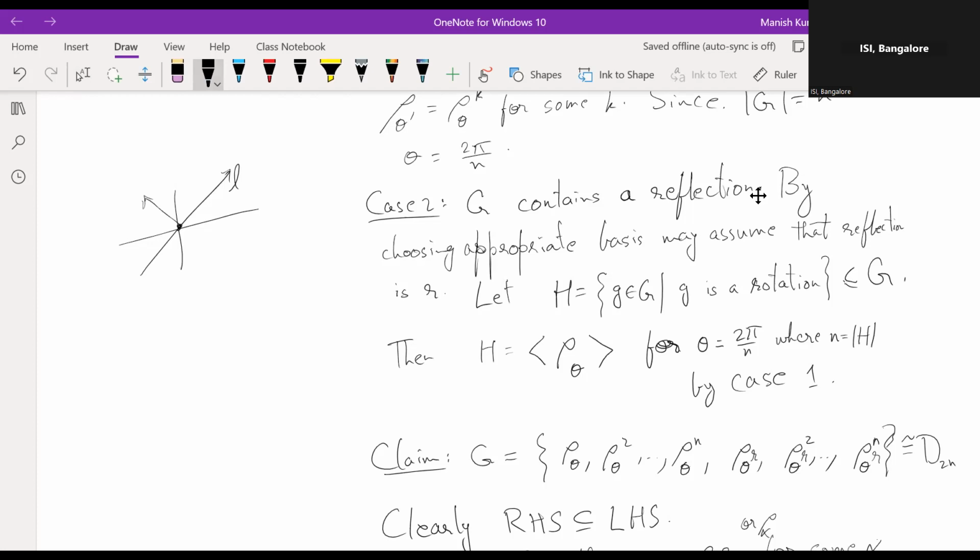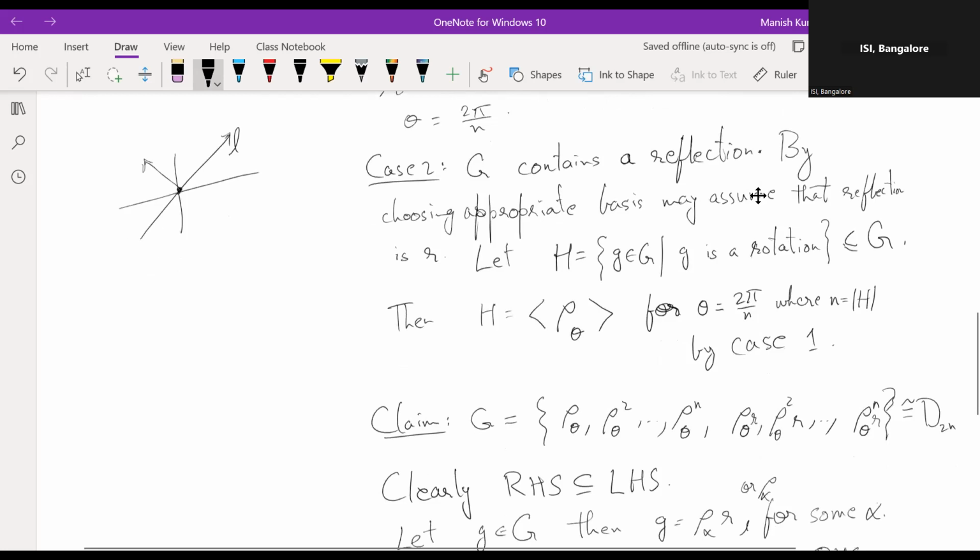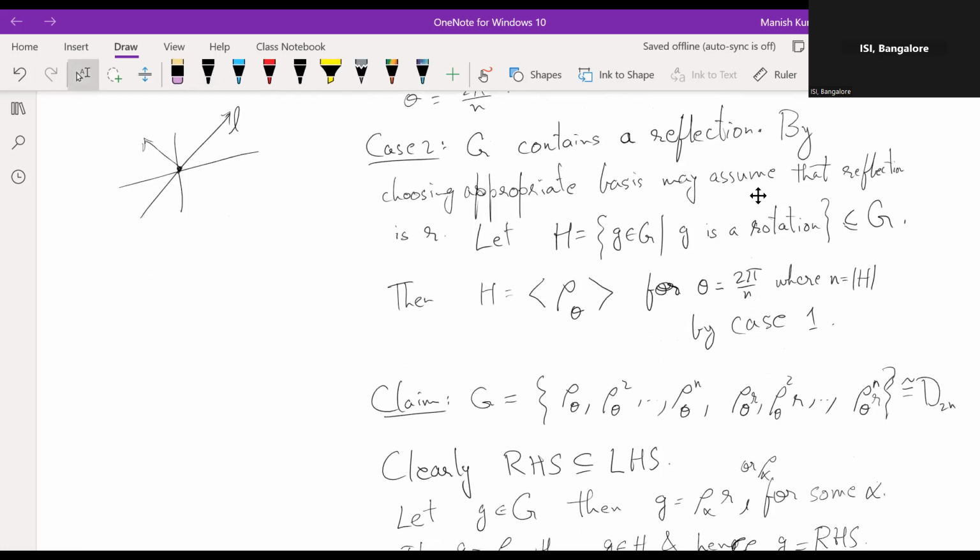So it contains rho theta R, rho theta square R, and so on, up to rho theta power n R. So the right hand side is of course contained in G. We only have to show the other inclusion: every element of G is of this form.